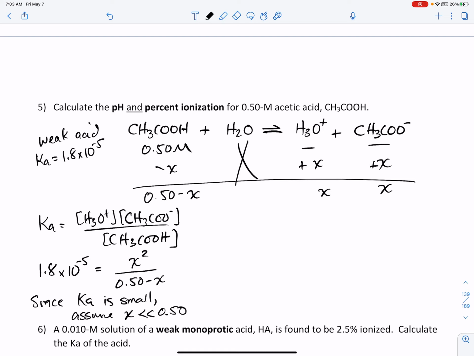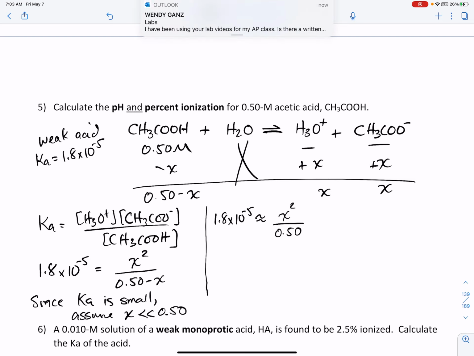It said 0.5 minus X. If we assume that X is much smaller than 0.5, then when you subtract X from 0.5, your answer should be very close to 0.5. So we get a simpler equation. 1.8 times 10 to the minus 5 is approximately X squared over 0.5. We just ignore the minus X, and we just say 0.5. Grab a calculator and solve that.